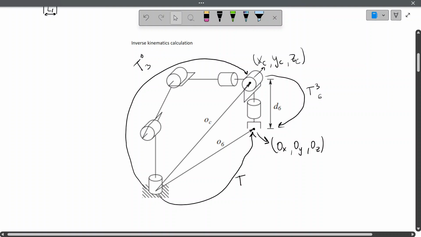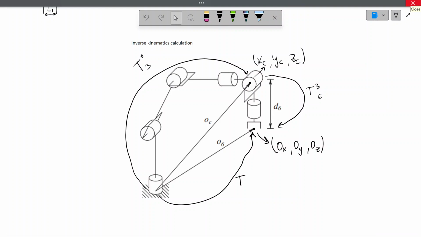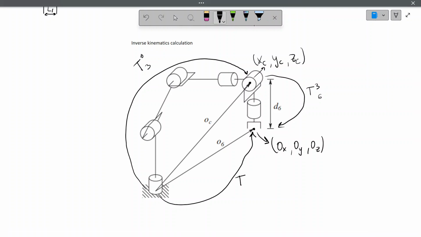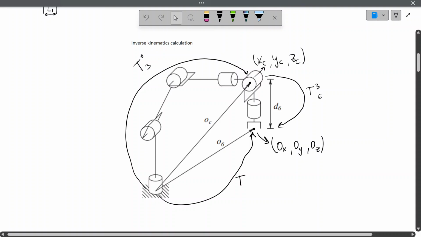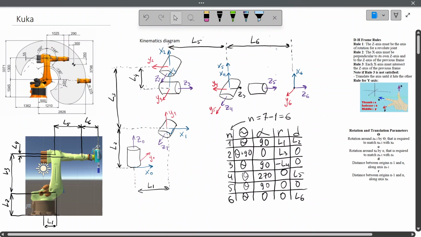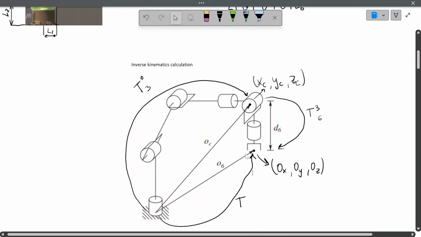For example, we have some object which is rotated, so we know its rotation, so we know how the gripper should come to it. So this point and this point, the difference between them is this distance d6. So d6 in our case is L6. So from this point to this point is L6.